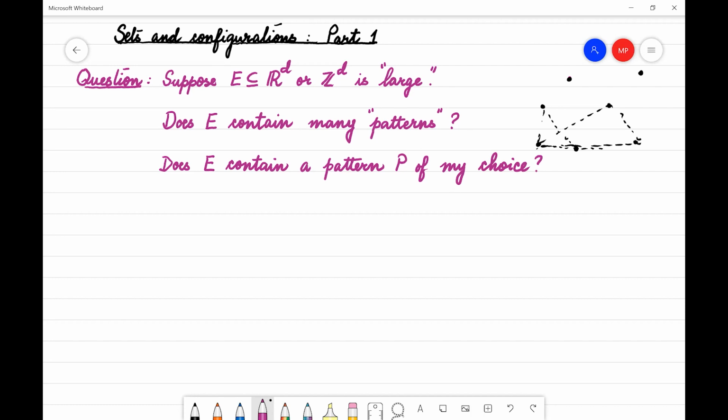Okay, so in case you thought that this was not very precise, this is going to get even more imprecise. So I'm going to answer this question both yes and no. Well, I'm going to answer this question in the affirmative today and in the negative tomorrow.